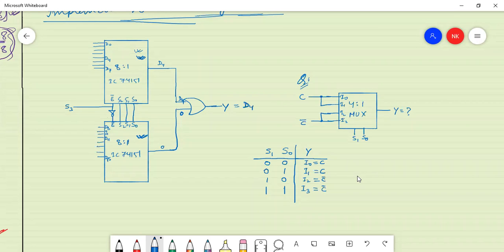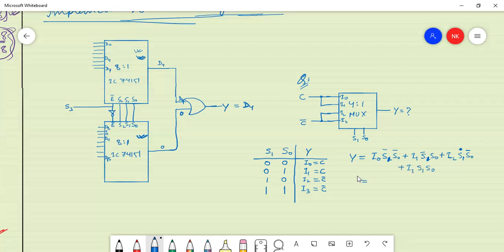Now if you write the expression for this multiplexer, the output Y is I0 S1 bar S0 bar plus I1 S1 bar S0 plus I2 S1 S0 bar plus I3 S1 S0. We have already seen this expression. Okay, so we can put all the values here.